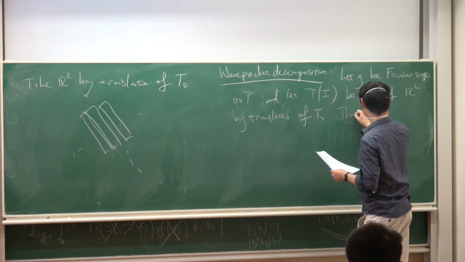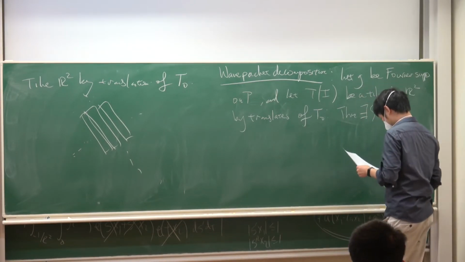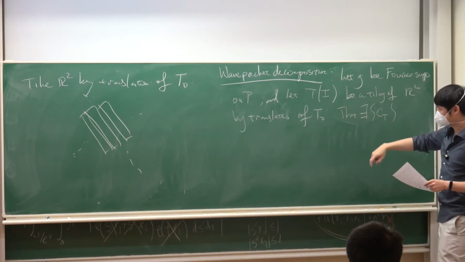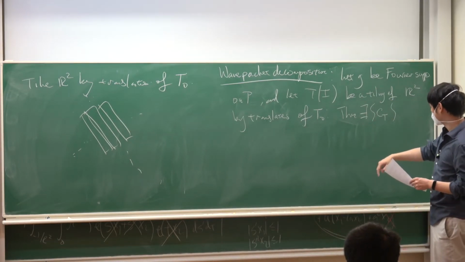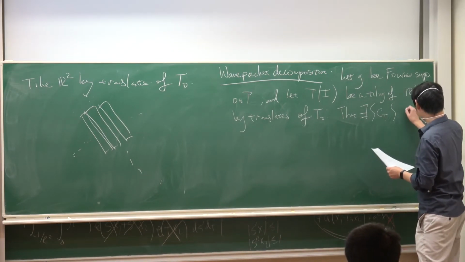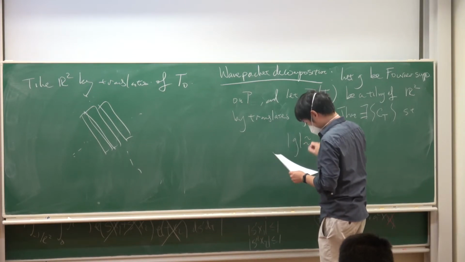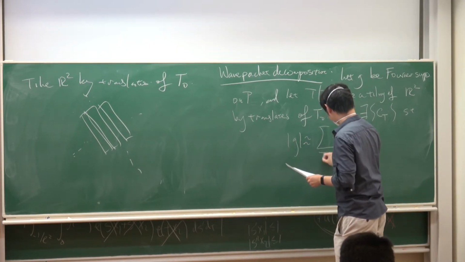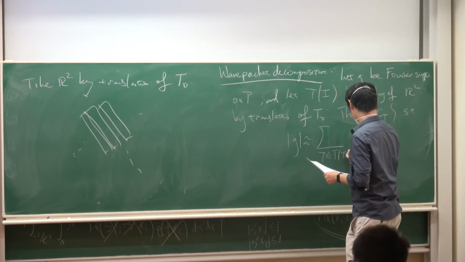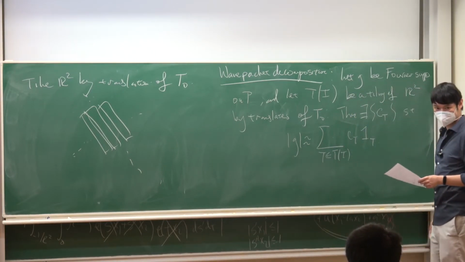Then there exist constants Ct, and this Ct also depends on G and basically everything, such that absolute G acts like the sum of these tubes. Okay?